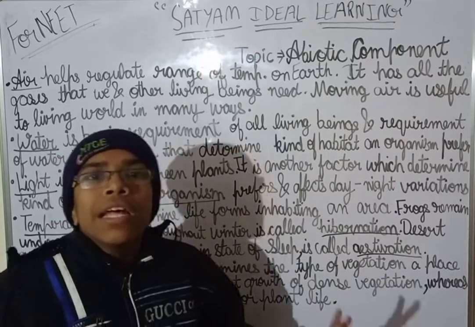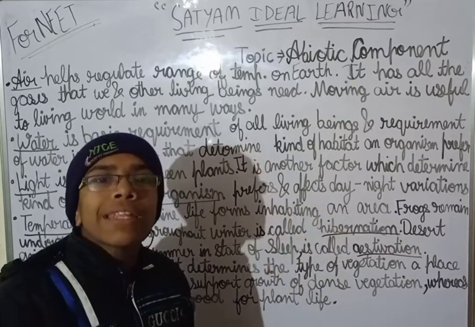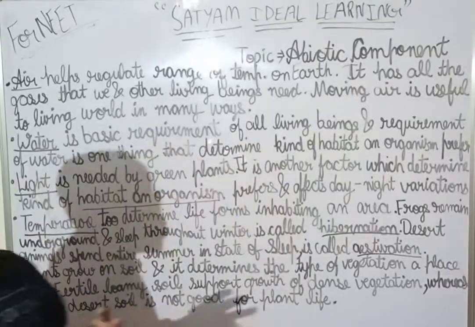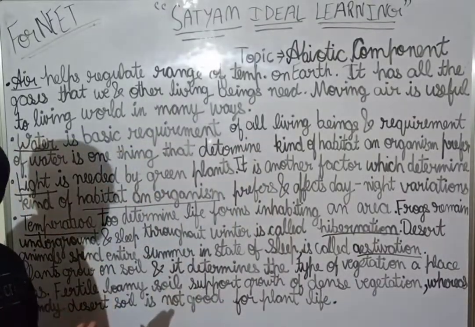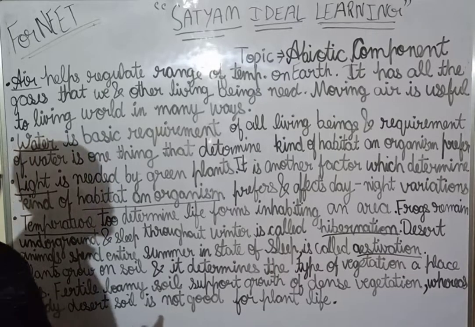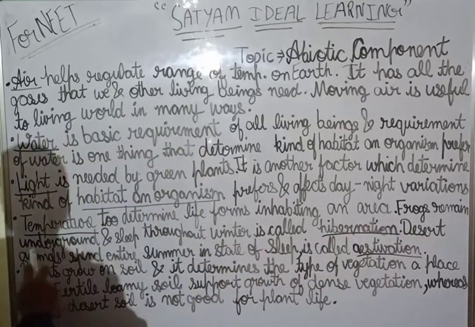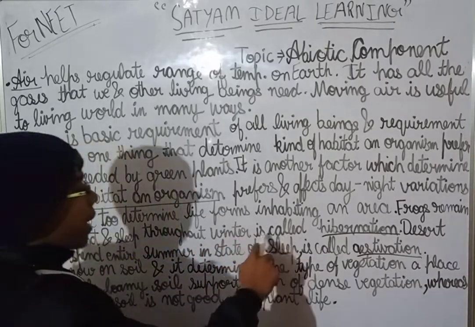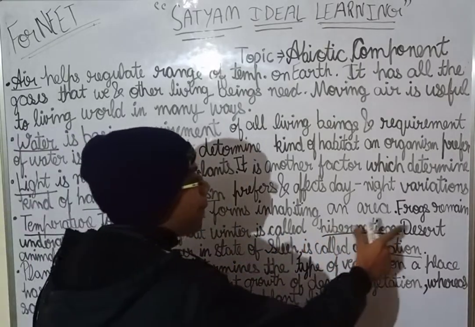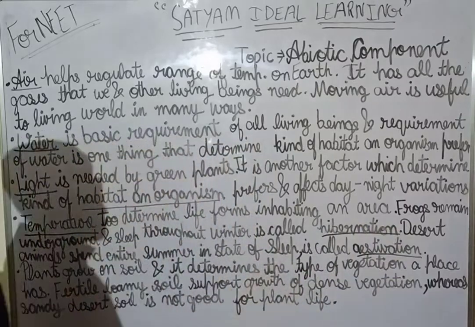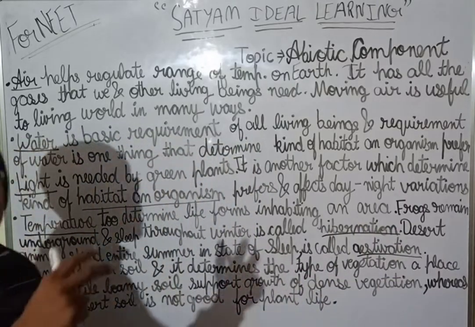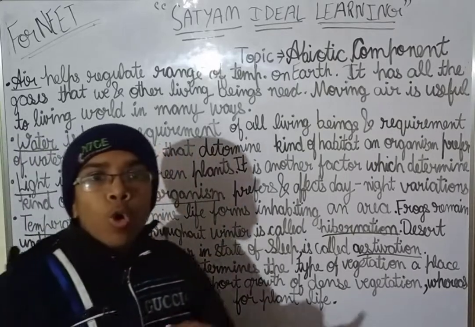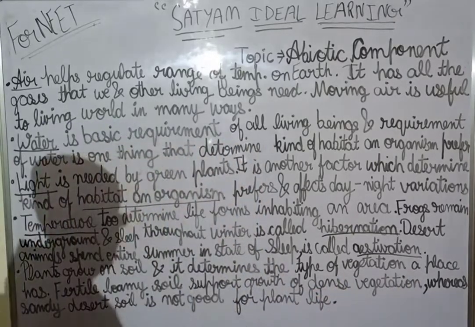They are dormant, and they store their food. Clear? This is called hibernation. It is the period in which an organism is in the dormant stage and spends its whole winter underground.